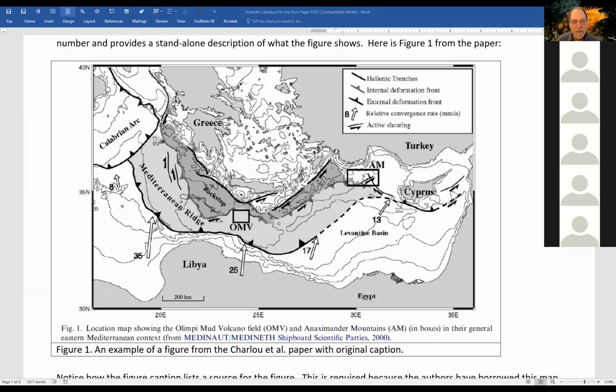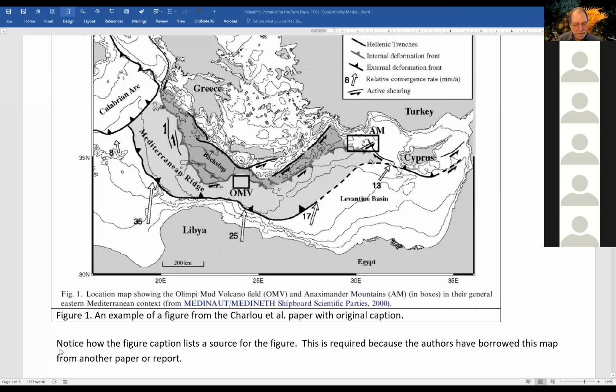So this is giving you some information about the geology and geography of the region where the research was done. Okay? And so here I've indicated that this is figure 1. This is an example from the paper with the original citation.